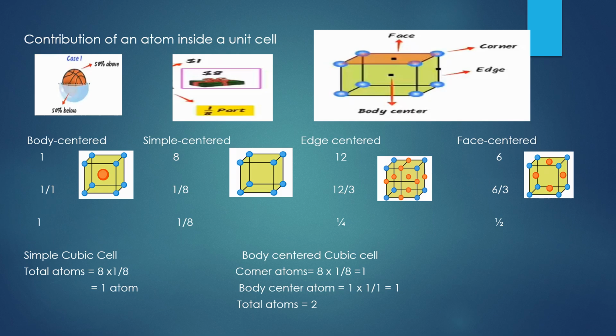In body-centered, the number of atoms present is 1 and its contribution is 1 divided by 1, which equals 1. The number of atoms present in a body-centered cubic cell is 1 plus 1. Therefore, 2 atoms are present.